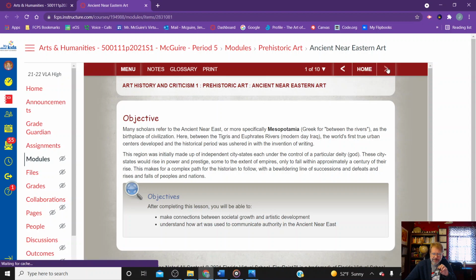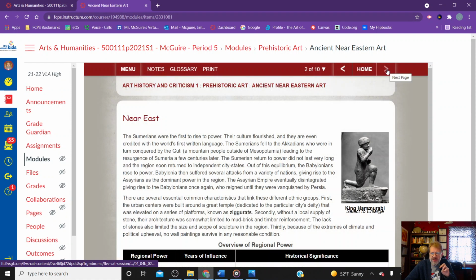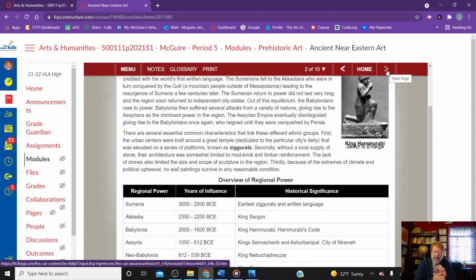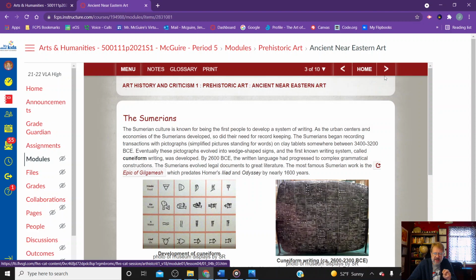The Mesopotamian. There are a few things here you want to know. Anytime we're looking at the written language, you want to know the formations of these early writings and where the origins of language and writing are. Sumerians were big on that. You'll want to know about Sumerian writing and so forth.